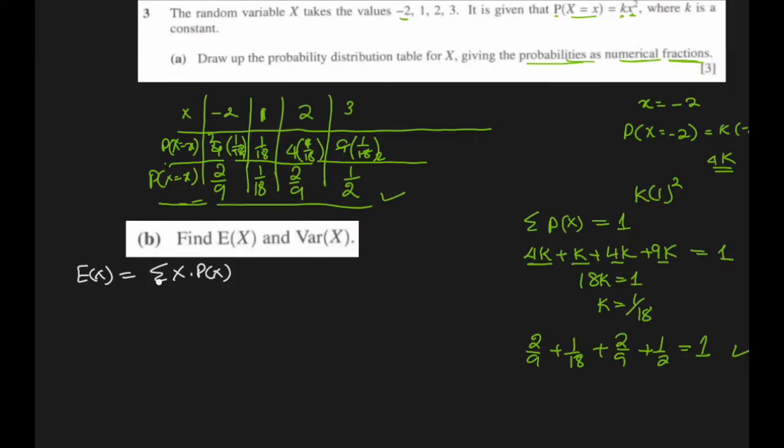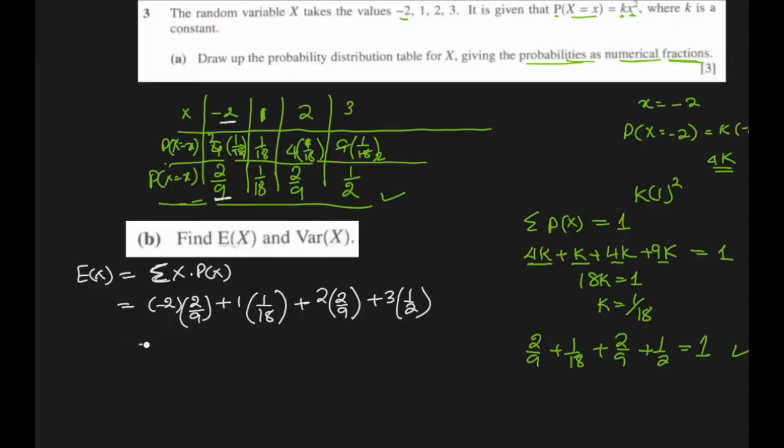That means multiply each x with its probability, and because sigma, add them, you get expected value. So we'll do that. X is -2 in first case, but its probability is 2 over 9. Then we have 1, its probability is 1 over 18. Then we have 2 times 2 over 9 and 3 times half.